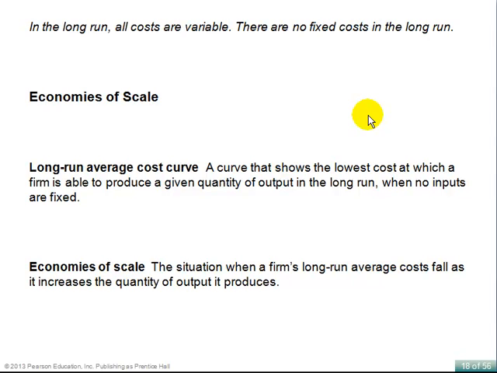There are no fixed costs in the long run. In other words, in the long run, total cost equals variable cost, and average total cost equals average variable cost.